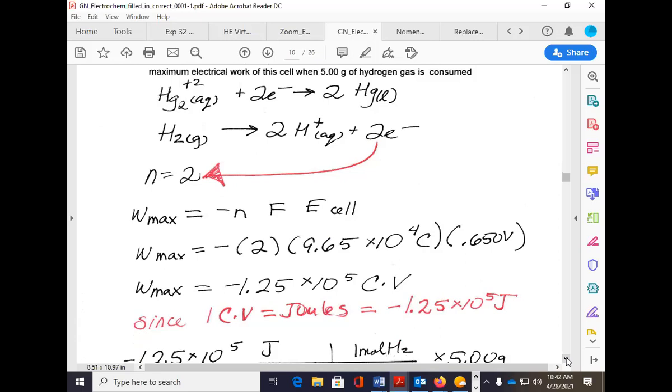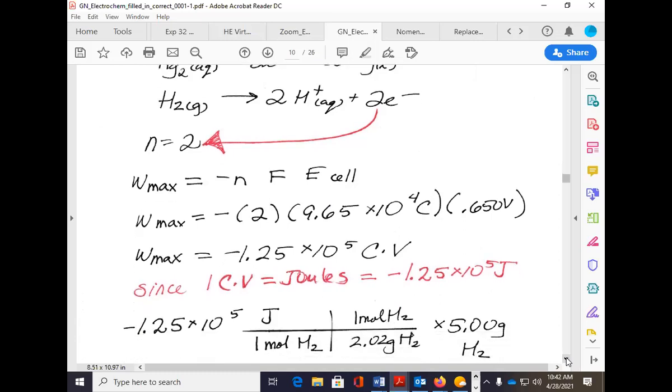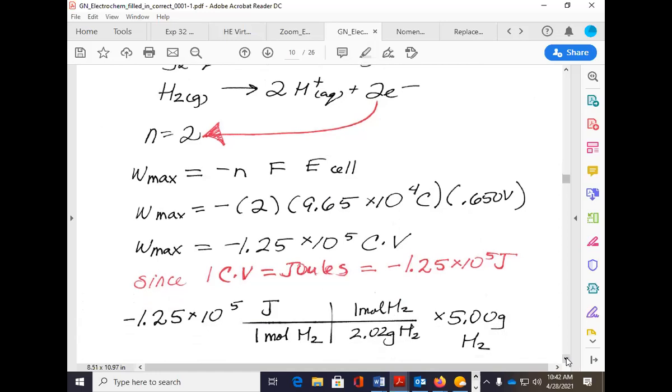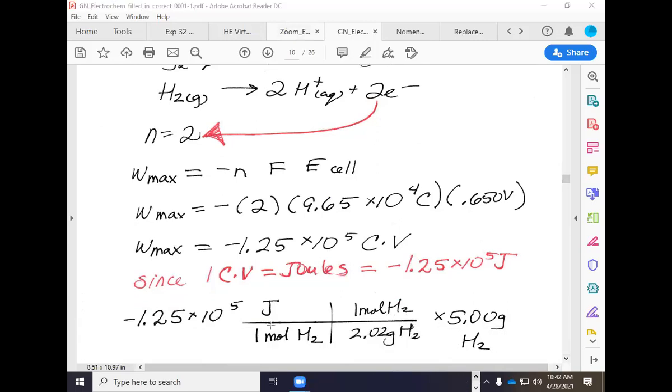Okay, we're not even done though because we didn't consider the 5 grams. We get to use our dimensional analysis skills. This is joules per mole of hydrogen, and 1 mole of hydrogen gas is 2.02 grams, and multiplied by grams. And what happens to our units here? Okay, so our moles of hydrogen cancel with our moles of hydrogen.